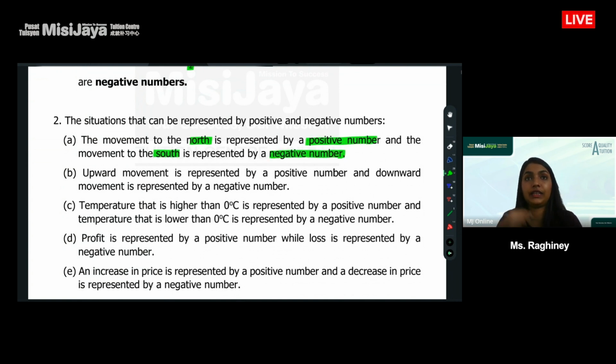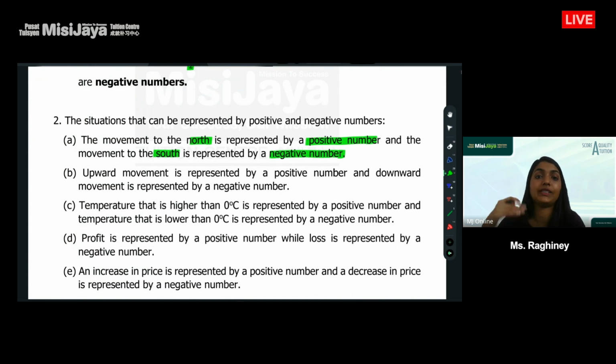Instead of telling you every time I'm moving north 2 km, I'm moving north 3 km, I just tell you the number. If I say a positive number, it's understood that I'm moving north. So if I say 30 km, you know that it is north. If I say I'm moving negative 20 km, you know that I am moving south by 20 km.